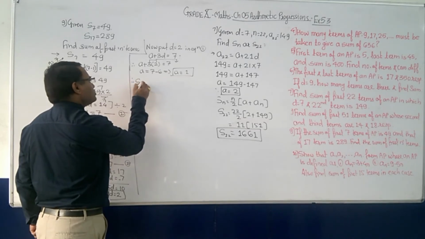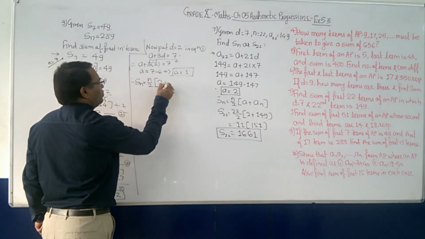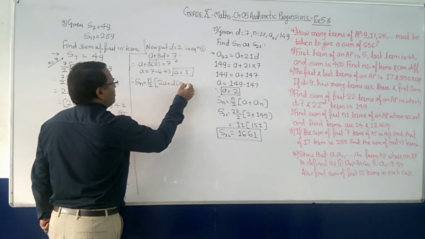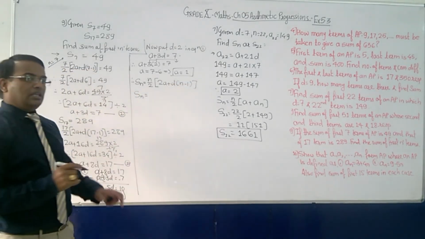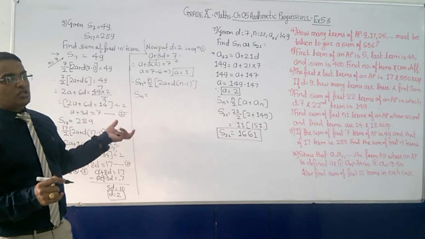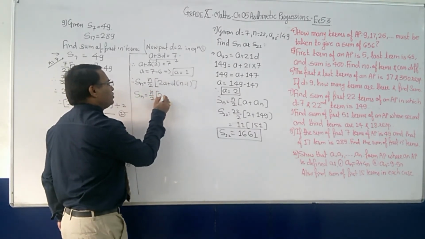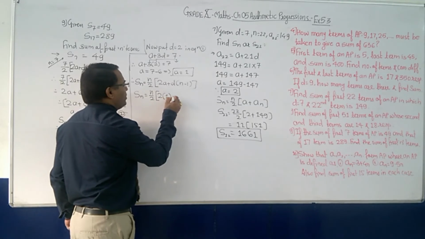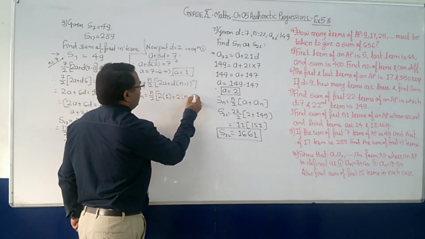Therefore now we will be using this formula: Sn is equal to n by 2 into 2a plus (n minus 1)d. Sn as it is, because we have to find the addition of all n terms. That is n by 2, then 2 into 1, plus d is equal to 2, and then n minus 1.